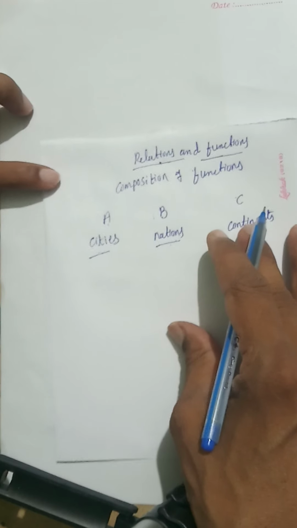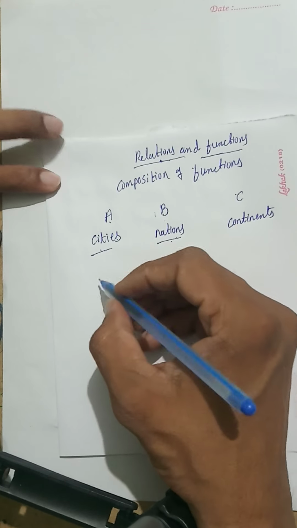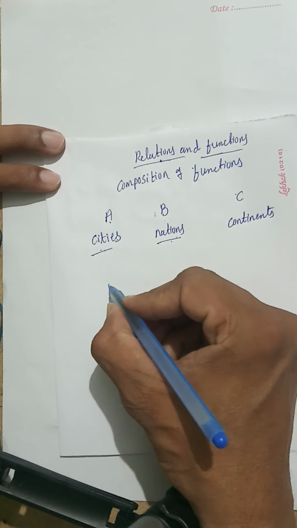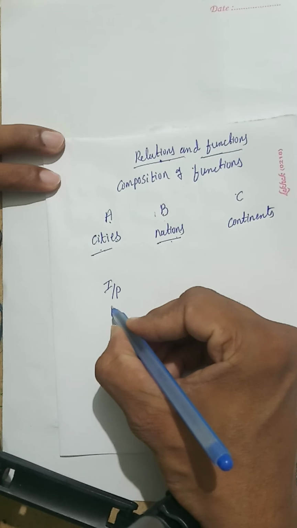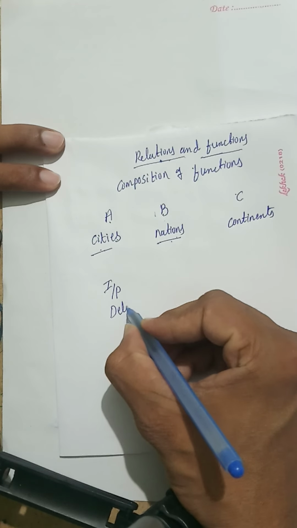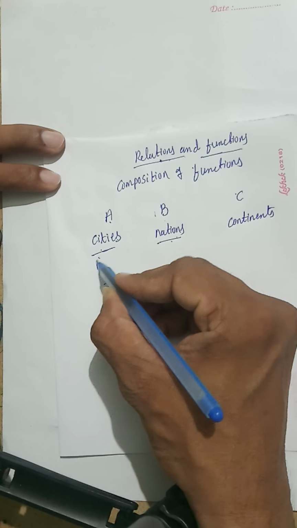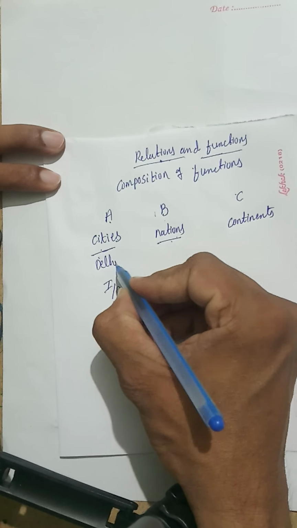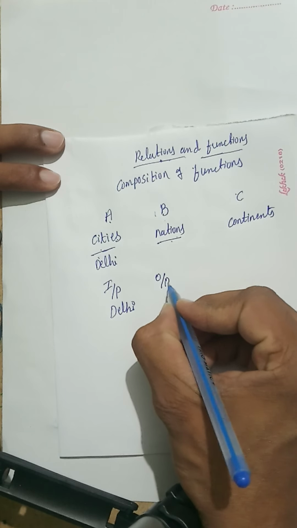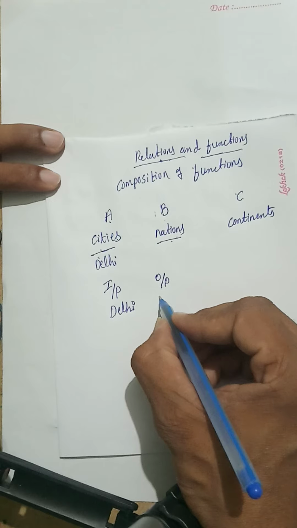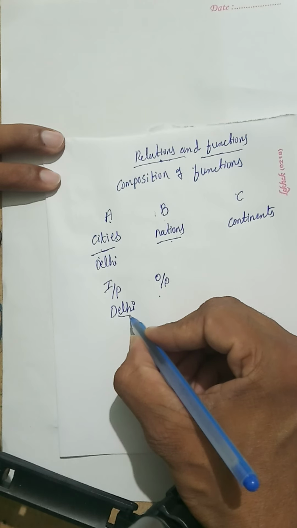See, students, if I give an input Delhi for this set A, then I will obtain the output. Delhi belongs to which nation?